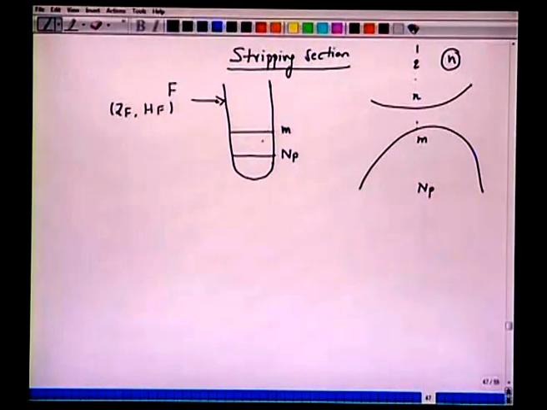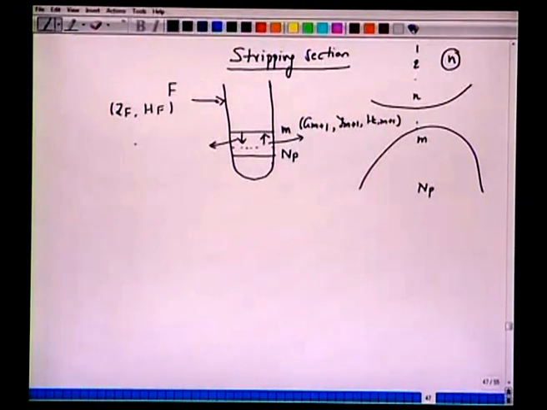Now if we choose M here, the vapor which arrives has the specification G(M+1), Y(M+1), and HG(M+1). The liquid which leaves the Mth plate and trickles down to the bottom has LM, XM, HLM. All right.